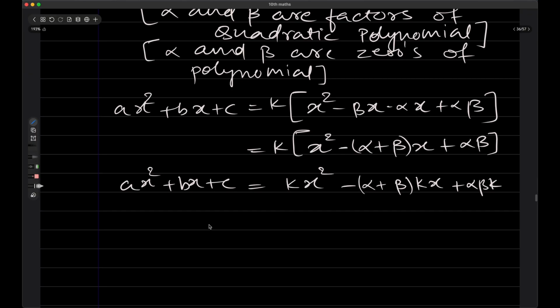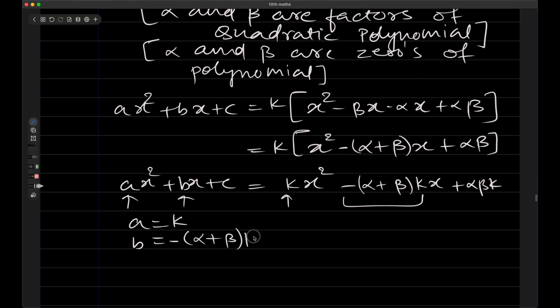Now comparing the coefficients of x square, x and the constant term, what we will get is a equals k, b equals minus of alpha plus beta into k, and the constant term c equals alpha beta k.